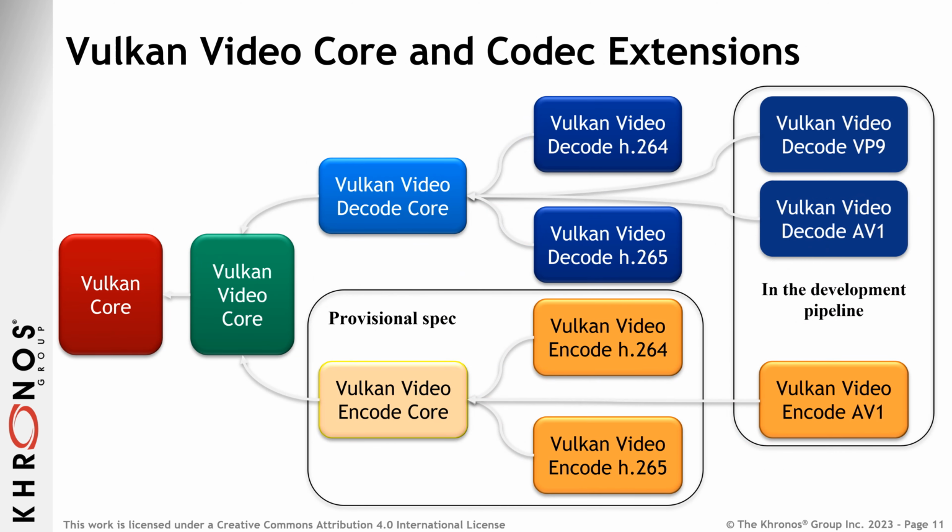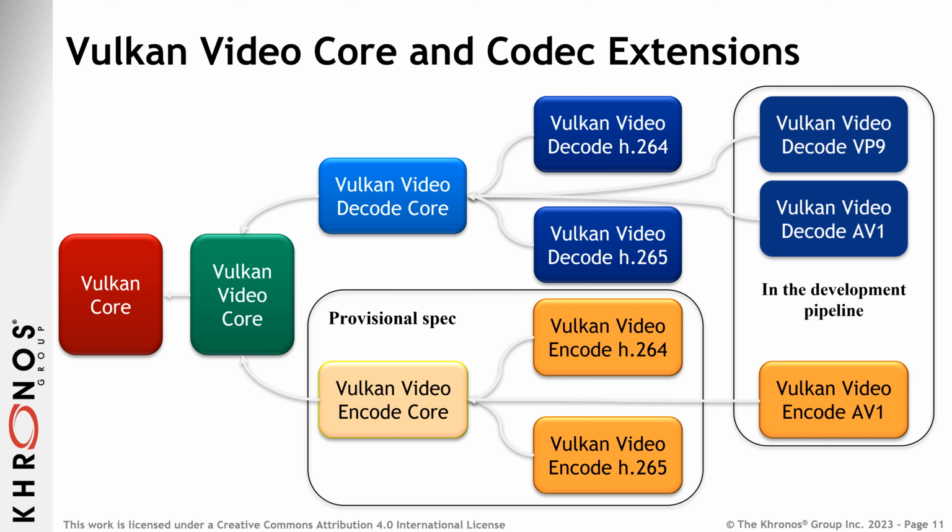Here's another representation of the hierarchical structure of the dependency of Vulkan video extensions to Vulkan core. On the left side, one could see Vulkan core. Of course, Vulkan video depends on all the core objects from the core, like Vulkan devices, Vulkan queues, images, buffers, device memory, synchronization objects, and everything else.